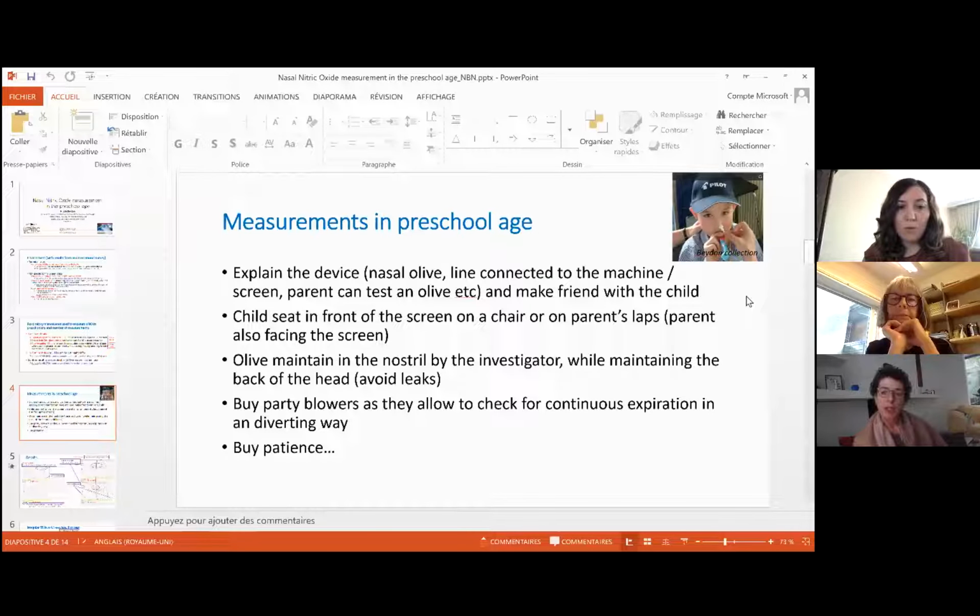If the child is sitting in his or her parent's lap, then the parent has to face the screen, so the back of the child is against the torso of the parent, and again the child cannot move backward.